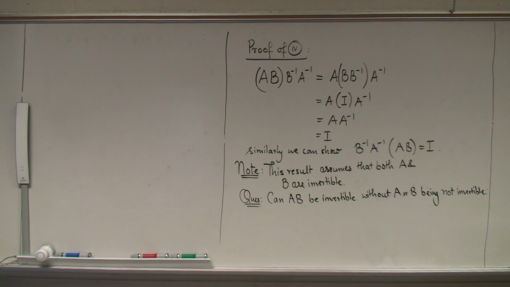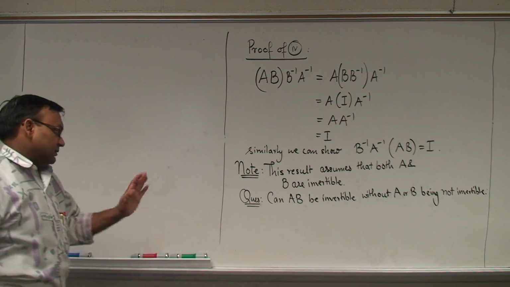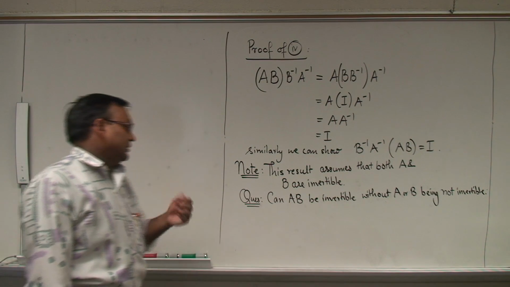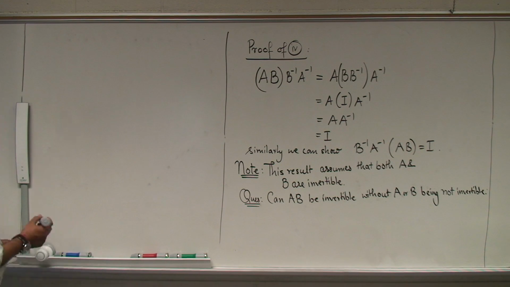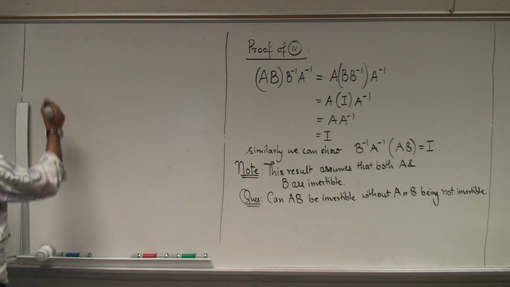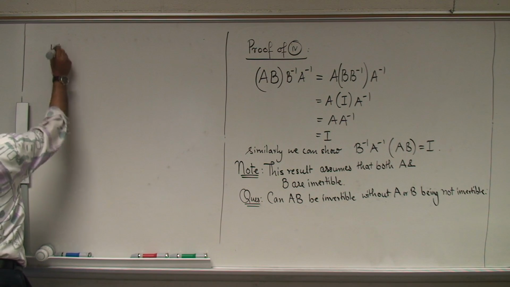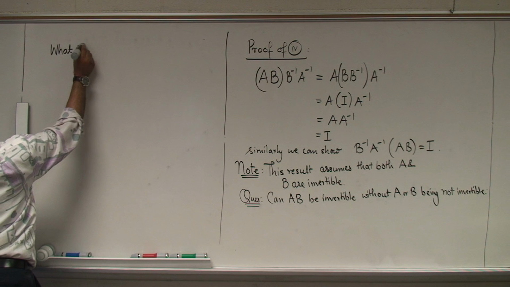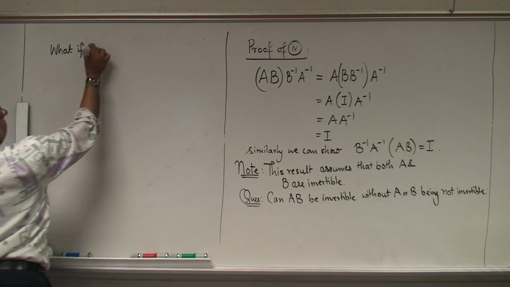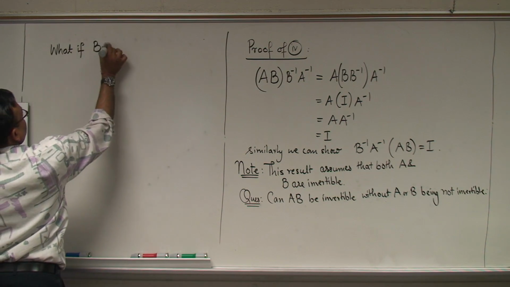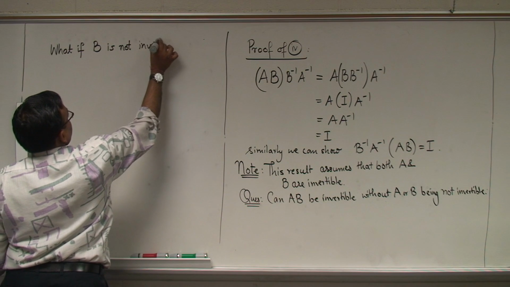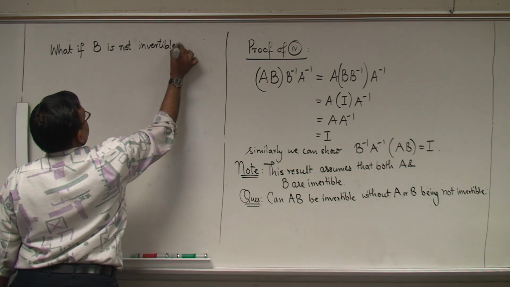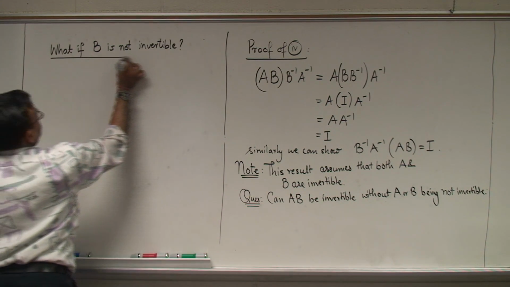Now, let's try to answer this question. I'll at least try to answer it with one scenario, and perhaps you can try to answer it with another scenario. So, what if B was not invertible? Can the product be invertible?